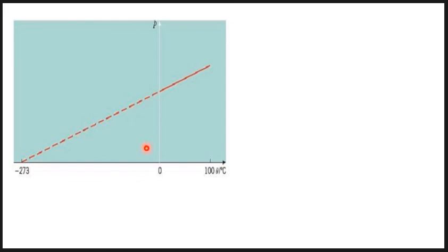All right, so if I now go further to lower the temperature, at this 0 degrees Celsius, if I reduce the pressure until it gets to 0, what will happen is that the temperature will decrease up to this point.